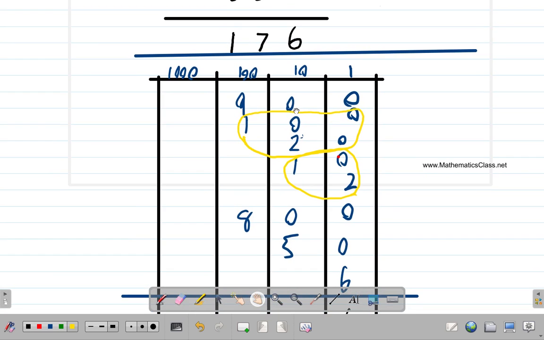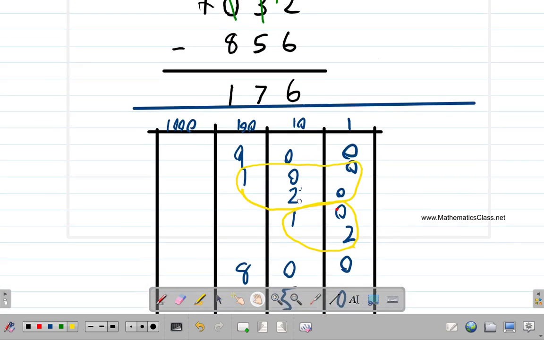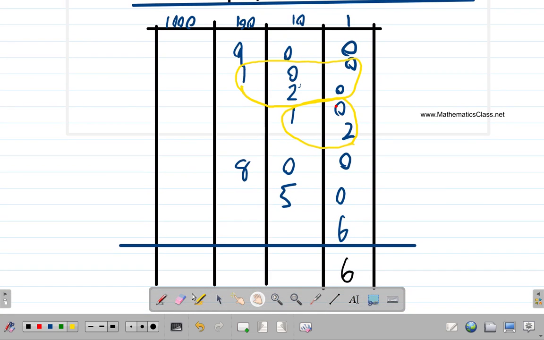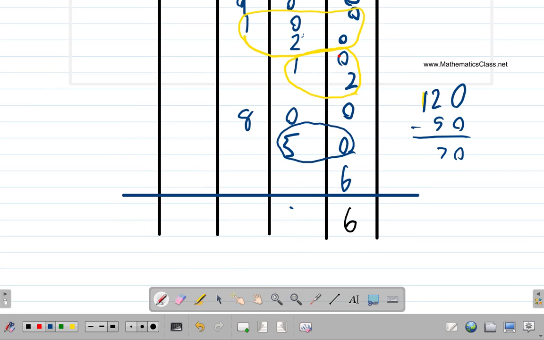But it's 120 minus 50, leaving 70. So this is the 50 that we're talking about here. So you have 70, and you put the 7 in the tens column, because that's 70. You see that?